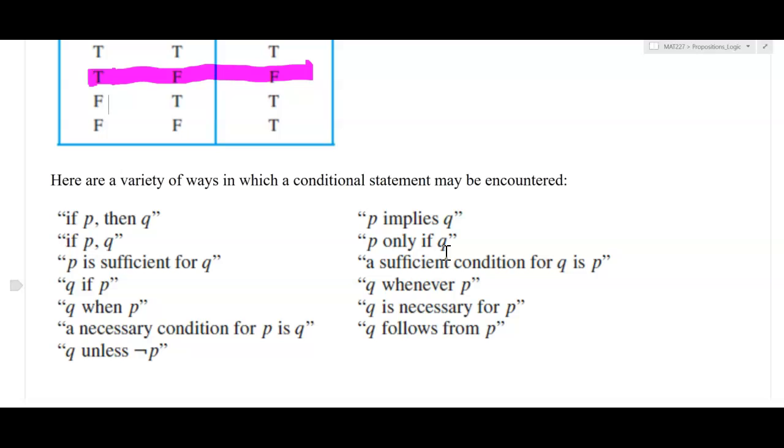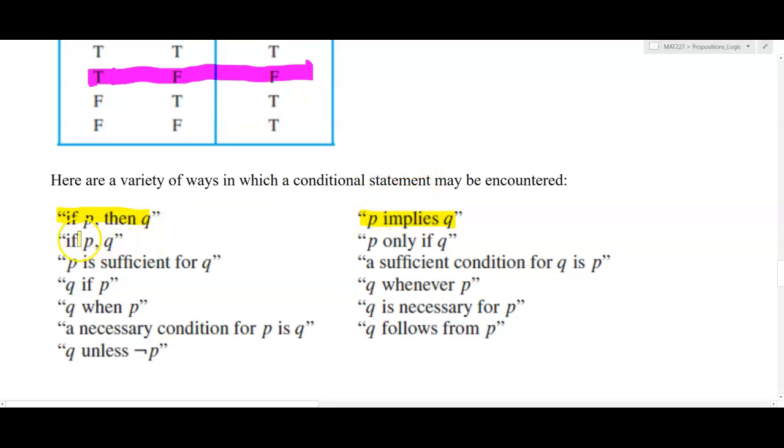Now, there are lots of ways an if P then Q can show up. So the most common is the first one here. I'll just highlight the most common ones that you'll see. If P then Q. P implies Q. So that's the same thing.